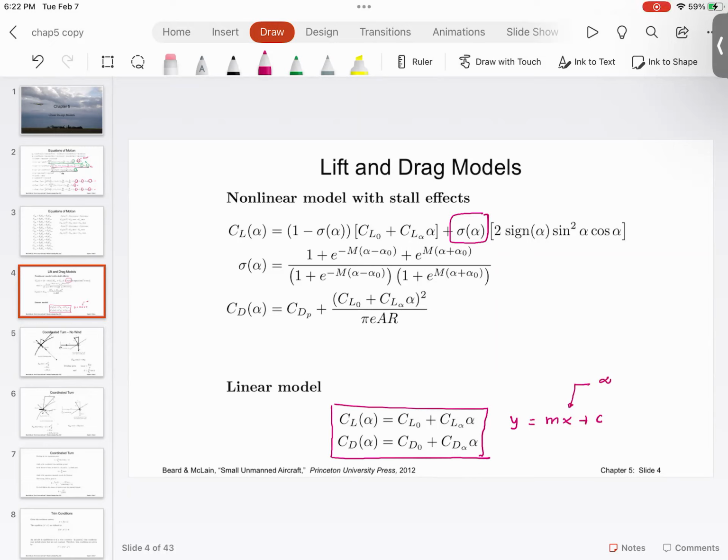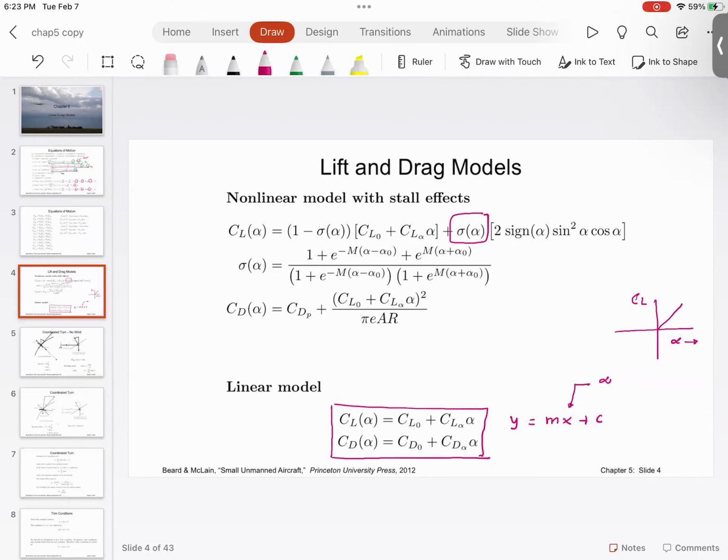So I have the coefficient of lift and I have the angle alpha. In the operating region, as my alpha increases, my coefficient of lift increases. As my coefficient of lift increases, with area remaining the same, my total lift force is going to increase for constant airspeed. Everyone understood this?